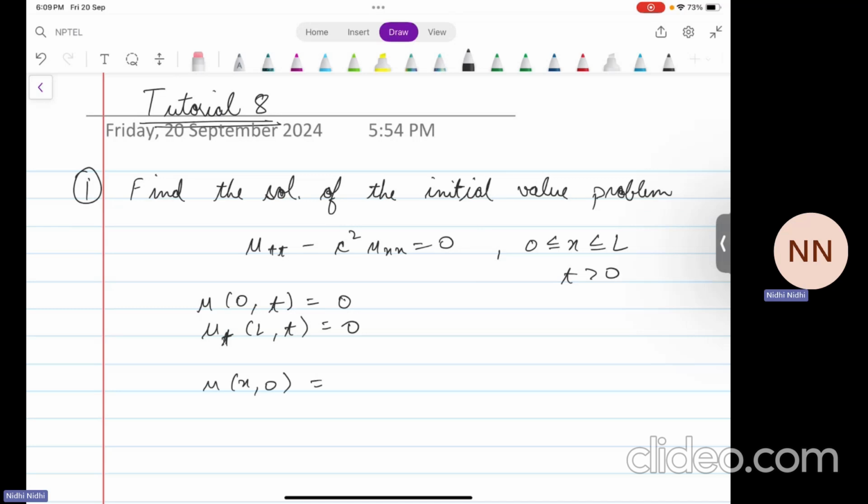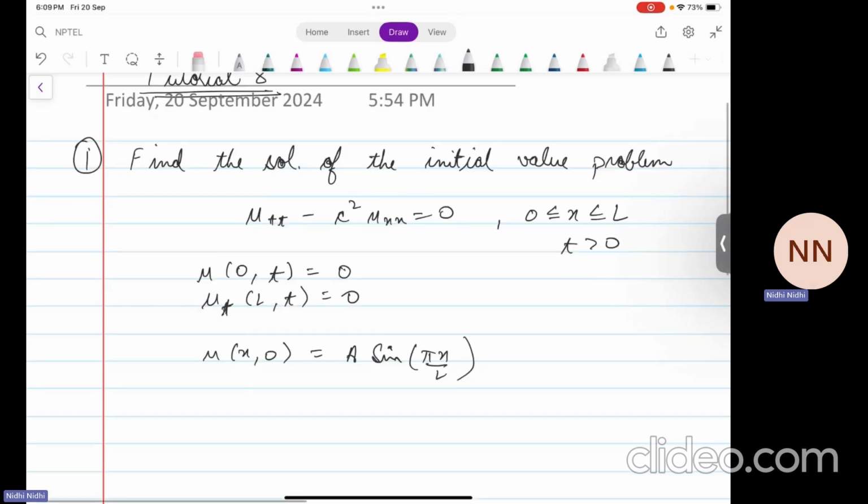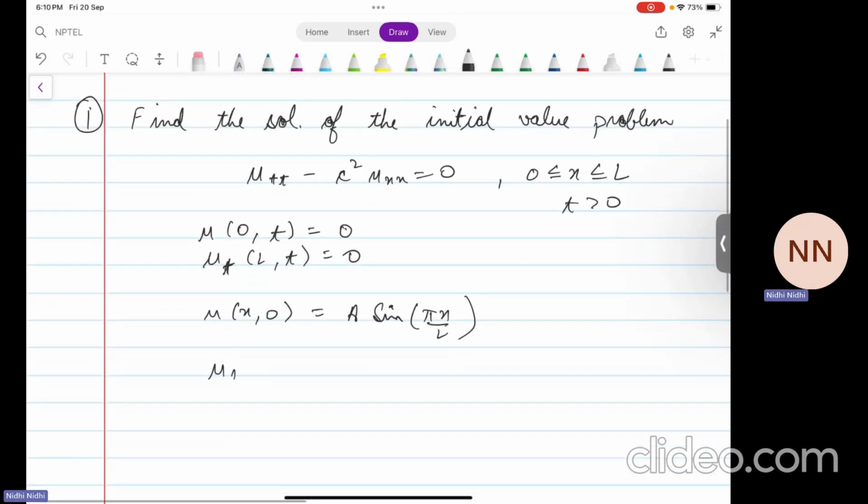Then we have u(x,0) is equal to a sine pi x by L. That means at time t equals 0, the string is following the path of this function, a sine pi x by L. And ut(x,0) is 0. That means at time t equals 0, the string is stationary.